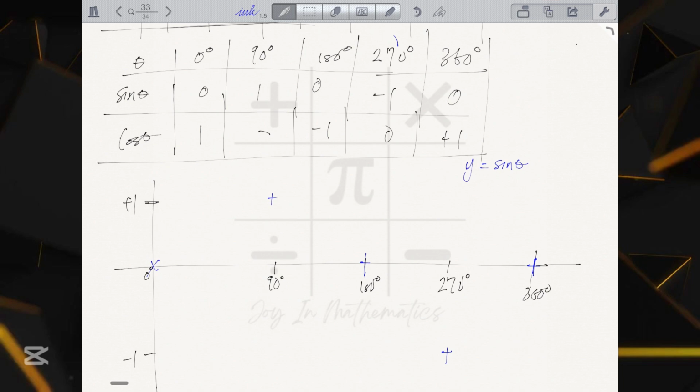With this, we are saying that the graph starts from 0, moves to 90 degrees in a sinusoidal manner, back to 180 degrees. When it gets to 180, it moves down to 0, back to 360 degrees.